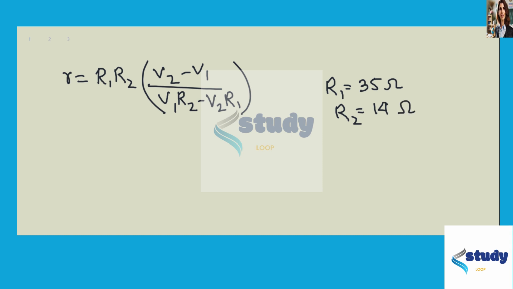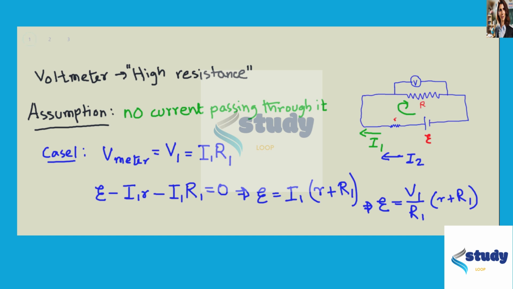Then we have the voltages: V2 in our case is 8.1 volts, and V1 is 9.7 volts. If we plug in all the numbers here, we get little r as 5.308 ohms.